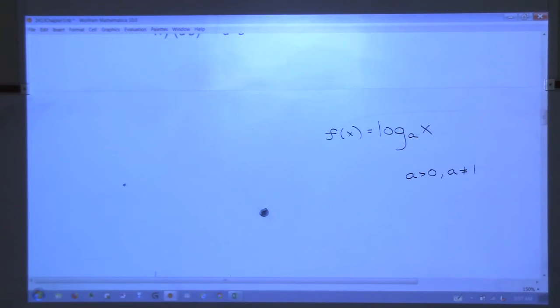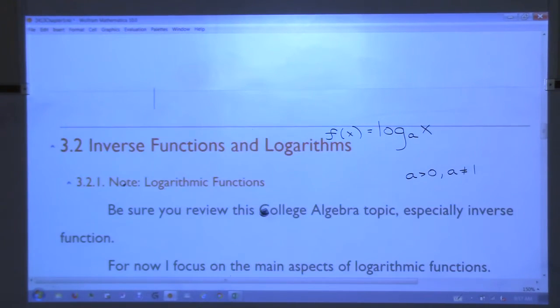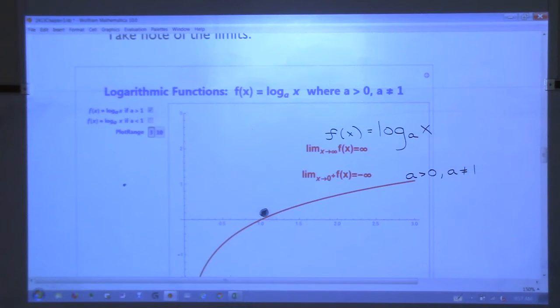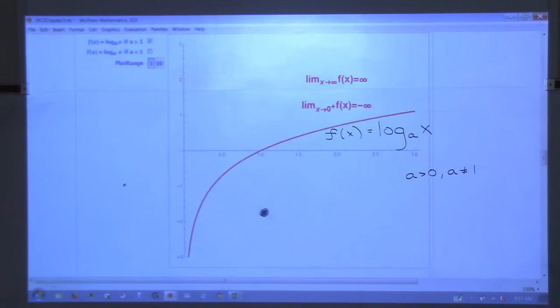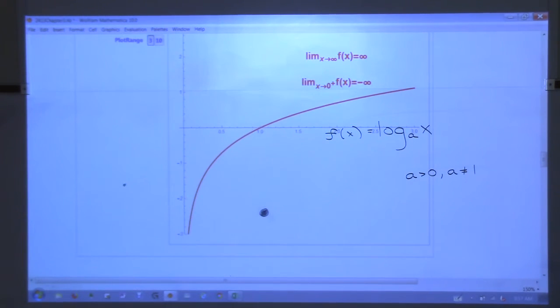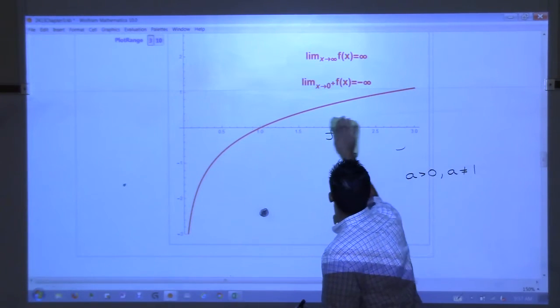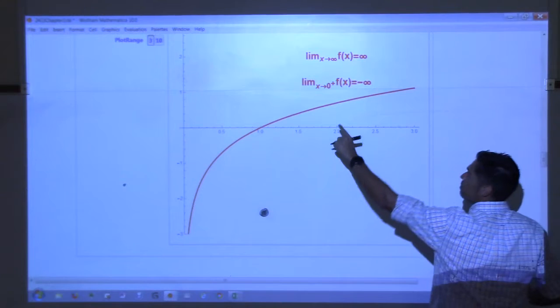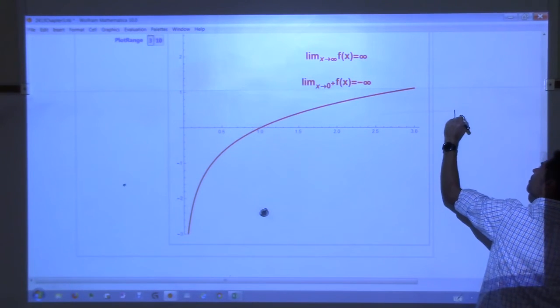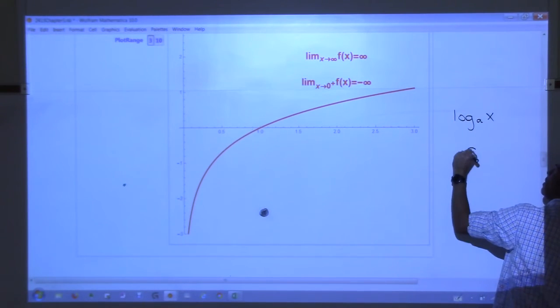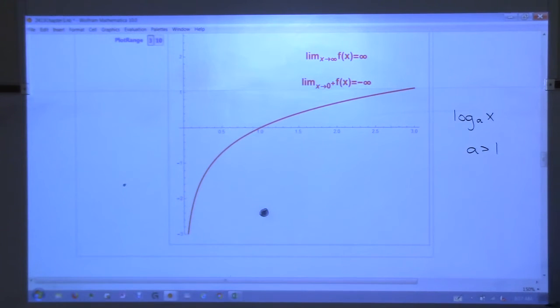And when you graph them, that's what it looks like if a is bigger than 1. So this picture right here is a log function with a bigger than 1. Let's talk about the behavior of this.